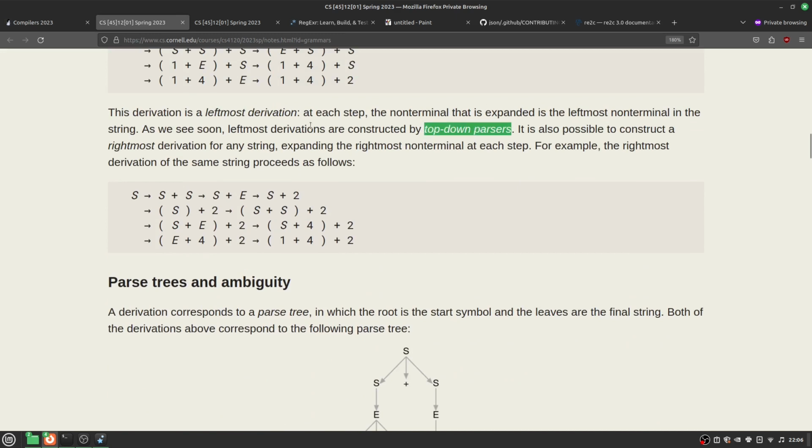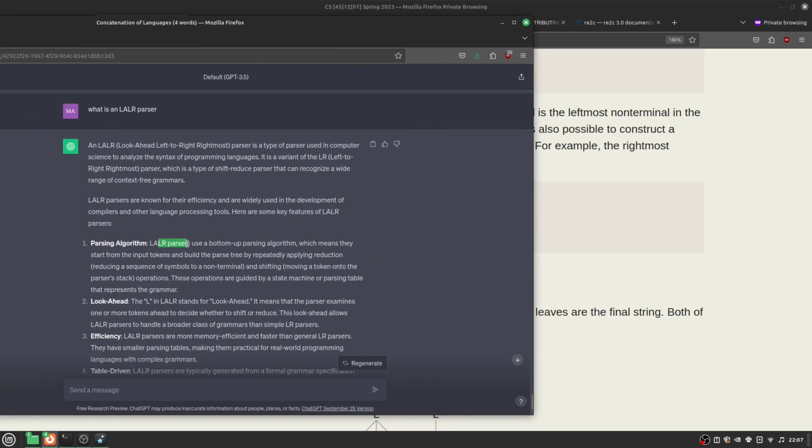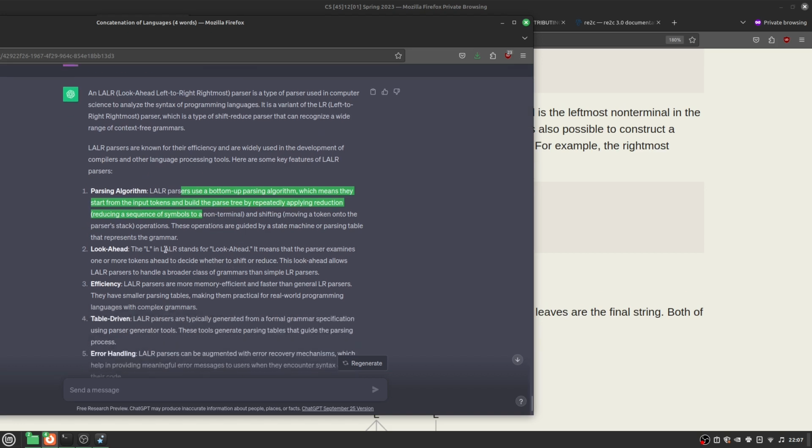Okay, so we have... This derivation is the leftmost derivation, constructed by top-down parsers. LALR parsers use a bottom-up parsing algorithm, which means they start from the input tokens and build the parse tree by repeatedly applying reductions. Look-ahead means that the parser examines one or more tokens ahead to decide whether to shift or reduce.